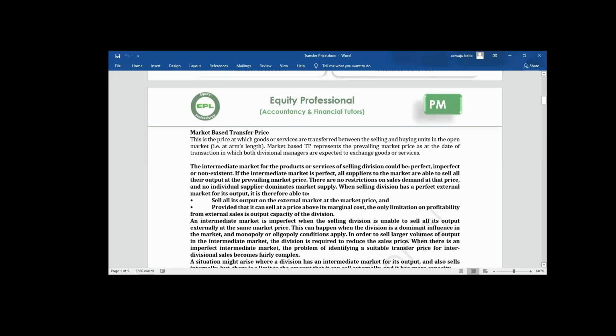In this case, that external market price will be used as the transfer price for the internal transaction between the buying division and the selling division.